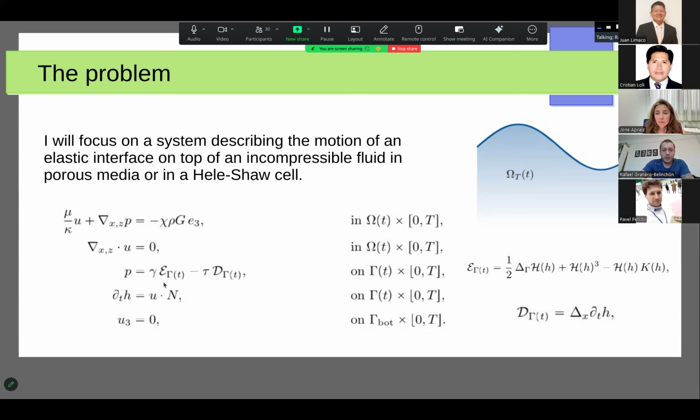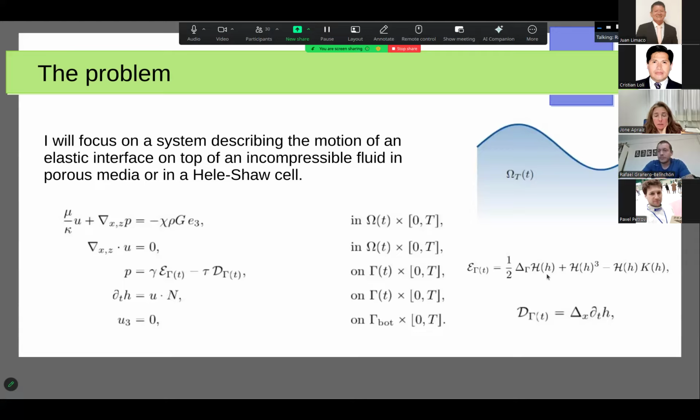Capital E is just this elastic operator. H is the mean curvature, capital K is the Gauss curvature, and delta sub Gamma is the Laplace-Beltrami operator. But imagine that this is just a bilaplacian, a nonlinear bilaplacian, if you like.